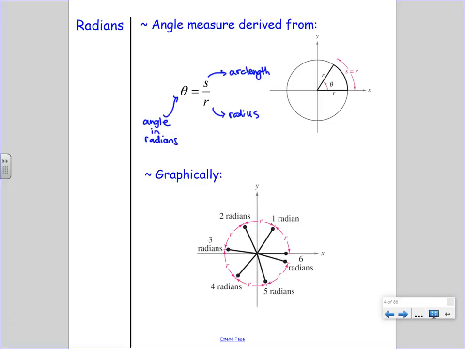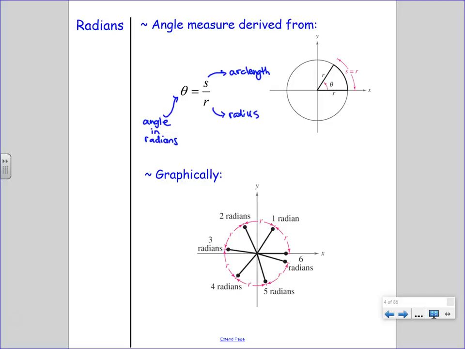So it's a ratio. And the crazy thing about ratios is if you have something like, I don't know, if this was measured in miles and you had 10 miles over 5 miles, that'd be 2 miles, right? Oh wait, miles would cancel, you just have 2. Or if you had 10 centimeters over 5 centimeters, you would still have 2. It doesn't matter how big the circle is.